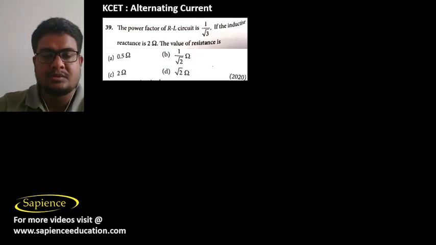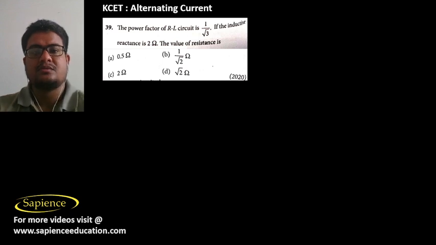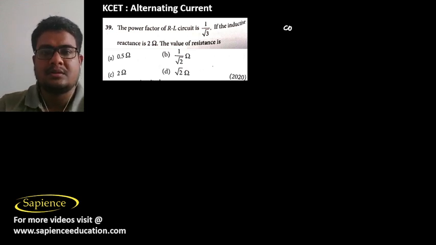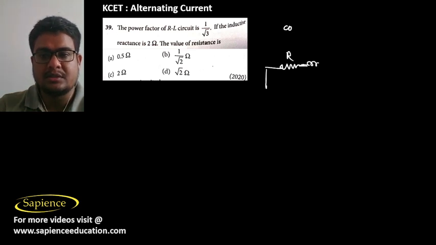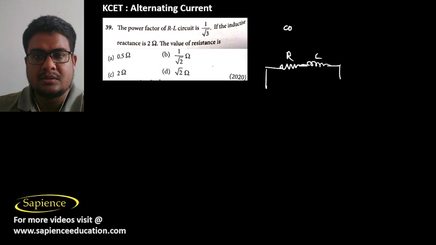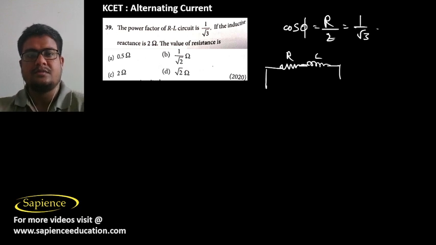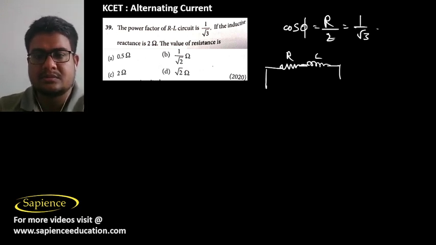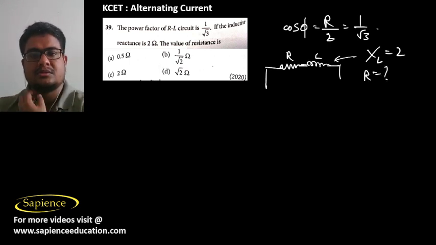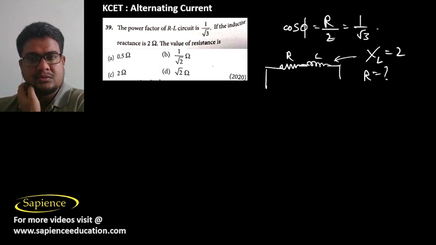Question number 39: the power factor of an RL circuit, which has a resistor and an inductor, that is cos phi, is 1 by root 3.